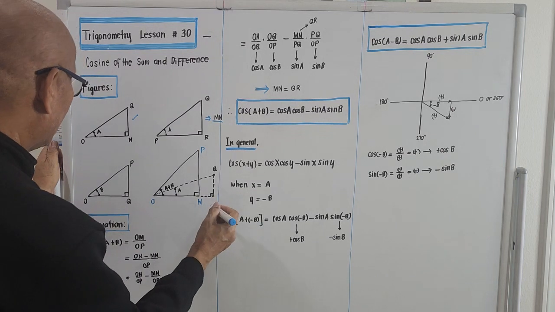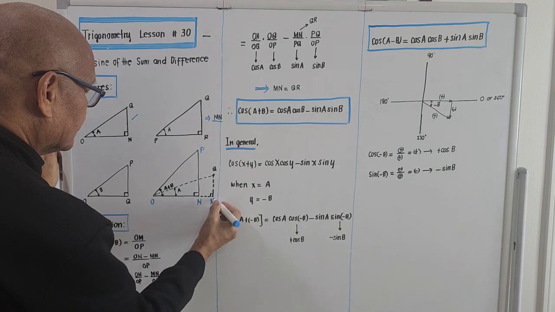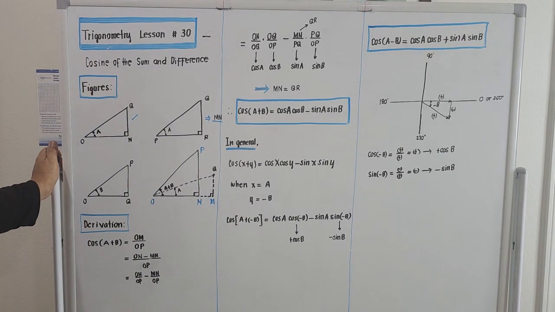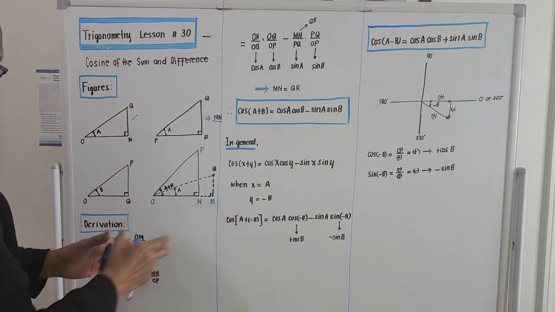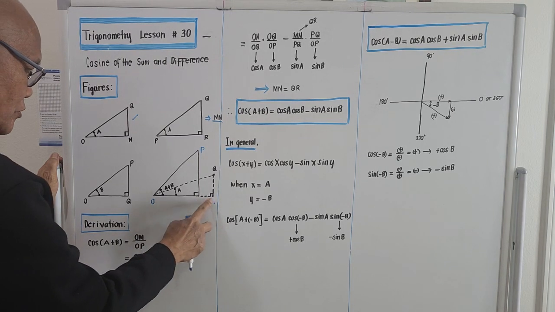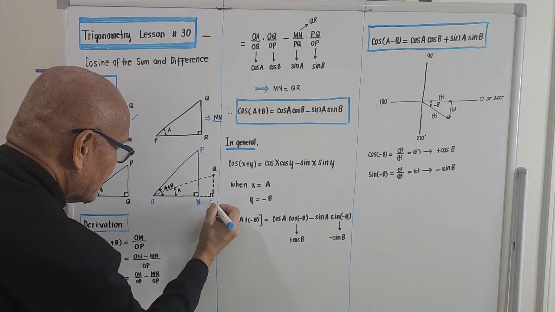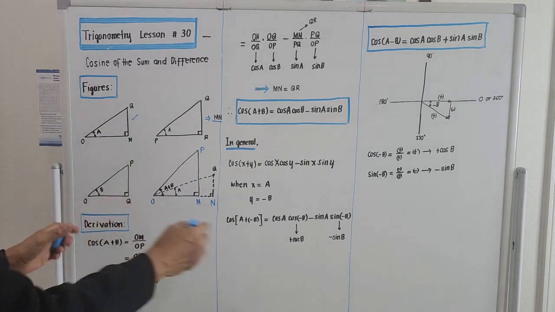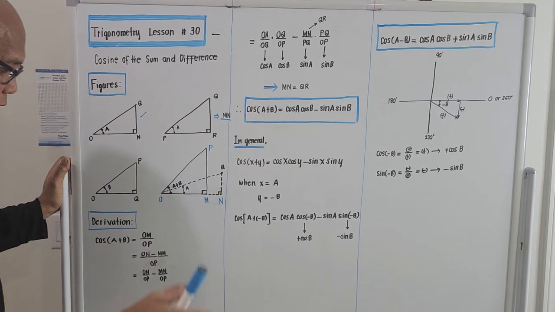This should be M. I placed the dotted right triangle because later on there will be some subtraction of distances, and I want to show how the distances are subtracted. Let's try to derive the formula.